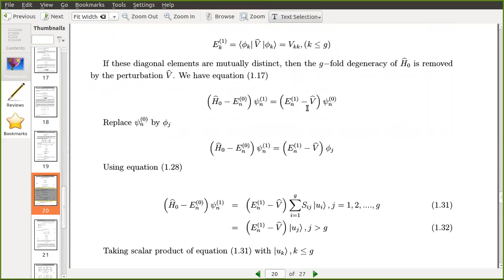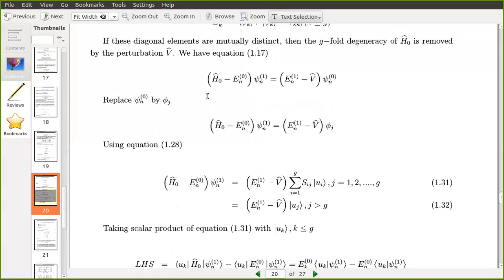This is one of the recurrence relations of first order correction in terms of lower order wave function. First order wave function in terms of lower order wave function by knowing the energy correction. So in this equation you replace psi n of 0 by phi j.